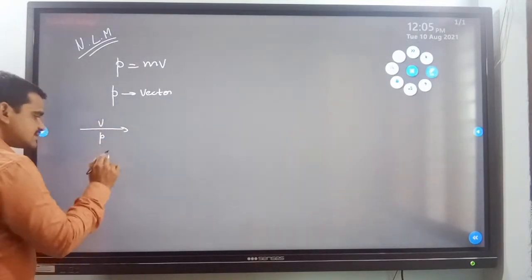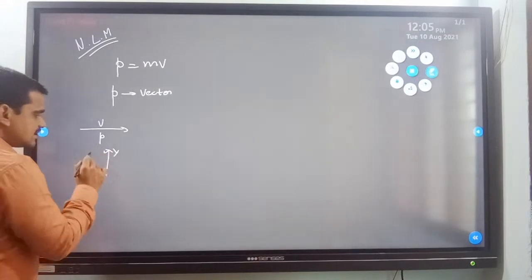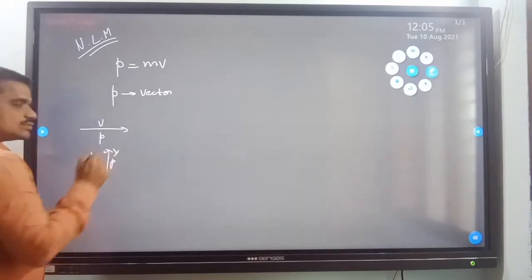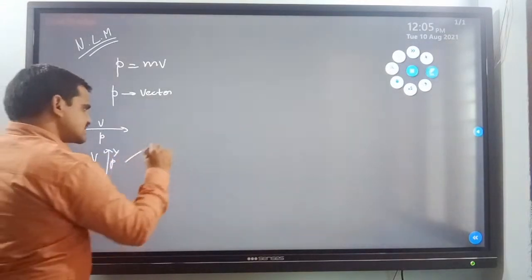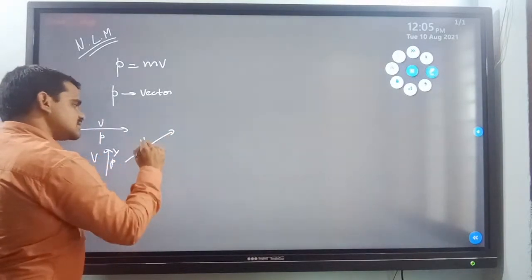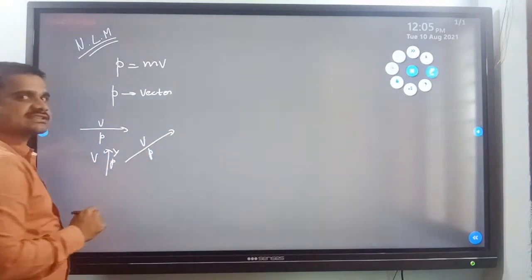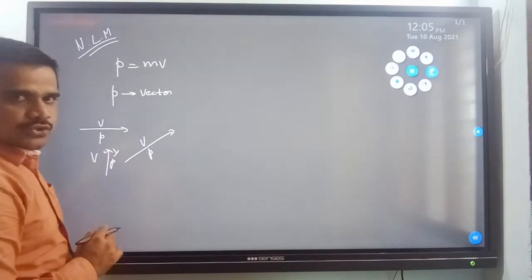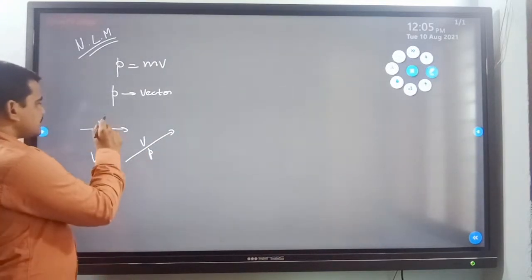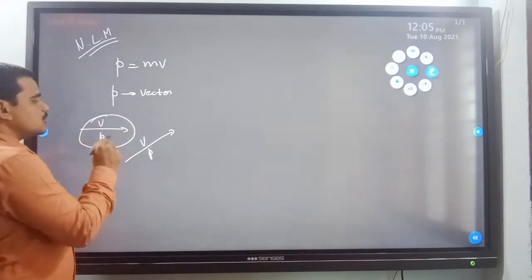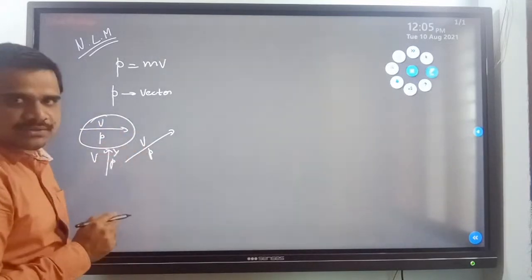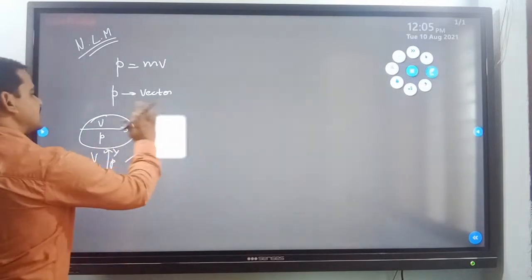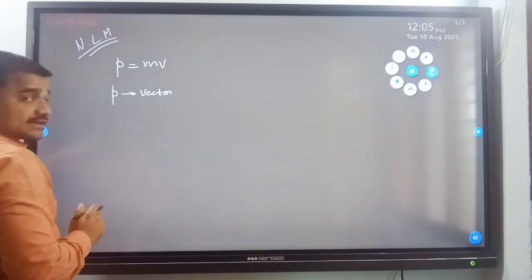If velocity is along the y-axis, linear momentum is also along the y-axis. If velocity is in this direction, linear momentum is also in the same direction. So momentum and velocity are both in the same direction, and momentum is a vector quantity.